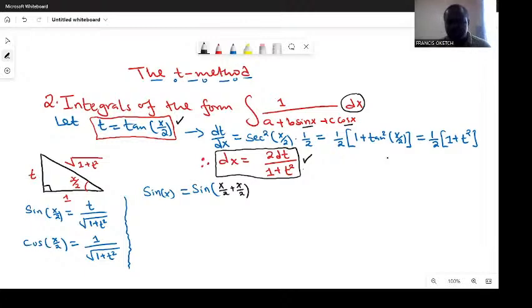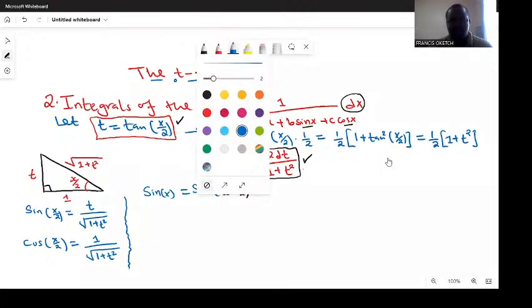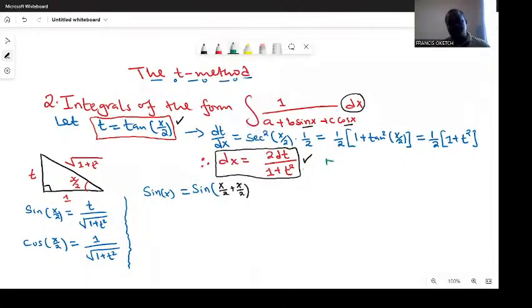I'll write it up here, using a different color for the note. We know that sine of A plus B is the same as sine A cos B plus cos A sine B.